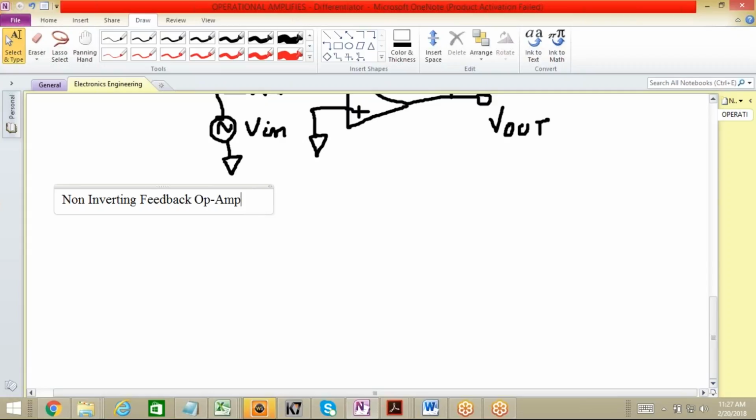Non-inverting feedback op-amp. Right? Now let me draw the structure for the same. Let me draw the main circuit for the same over here. Like again, we have minus, plus. So as we have already seen that this is a non-inverting feedback op-amp, it is very obvious like we should connect this non-inverting terminal to the ground.